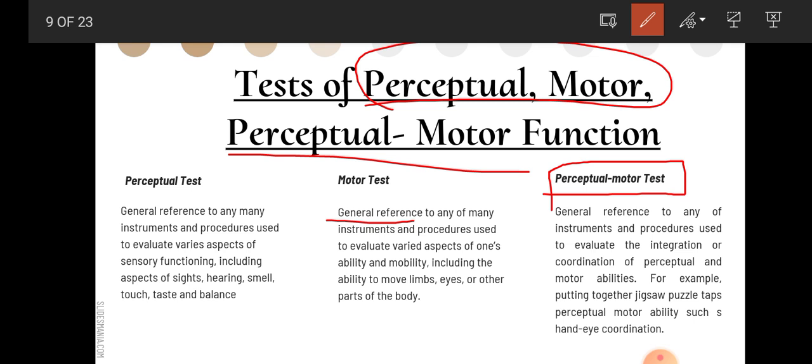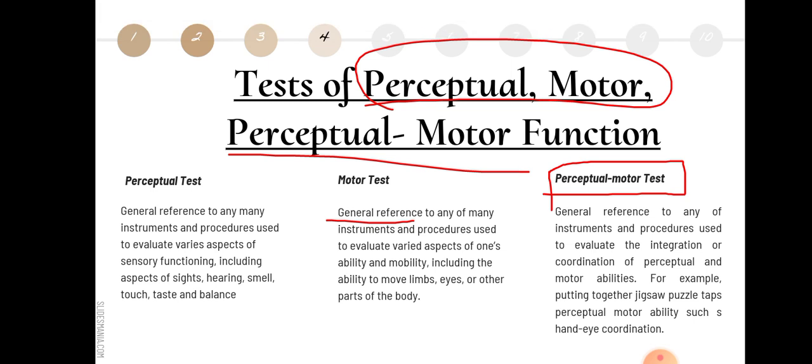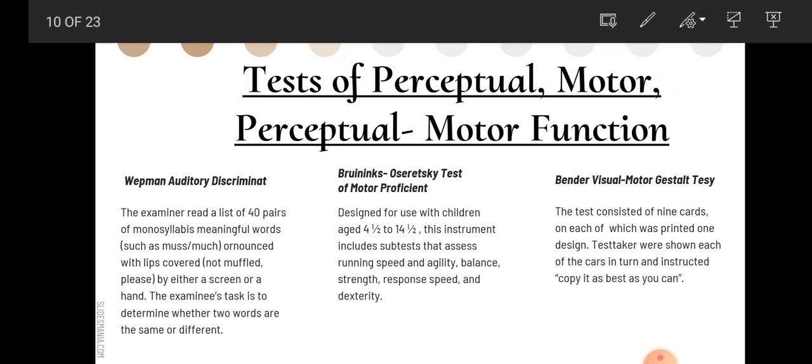Okay, so next is we have sila mga test atong perceptual motor and perceptual motor function. Okay, so Wepman's auditory discrimination, this is under the perceptual test. Okay, because of the auditory.